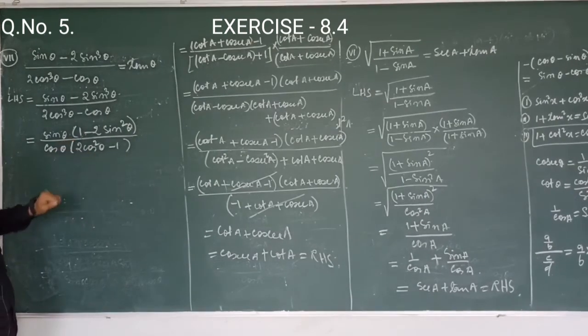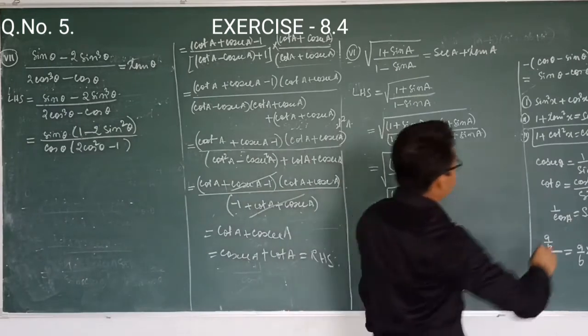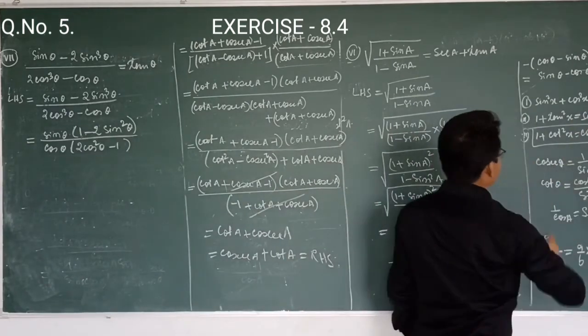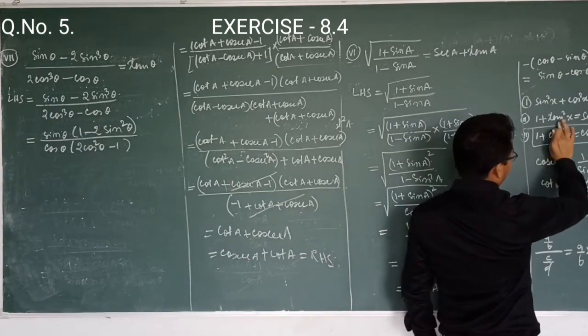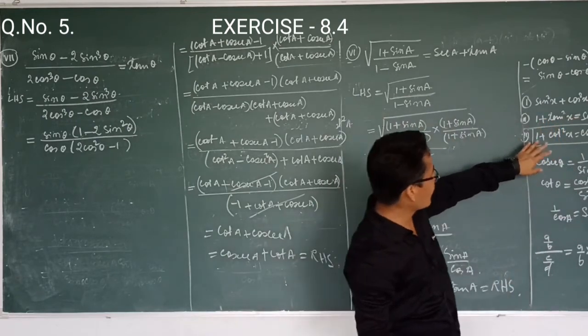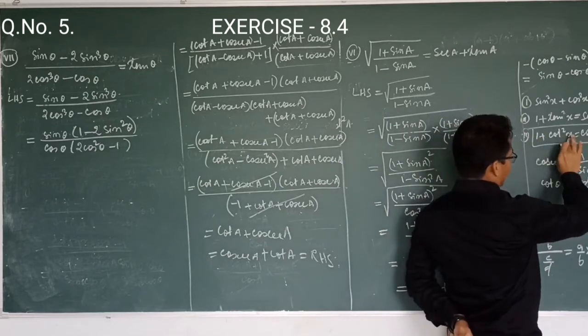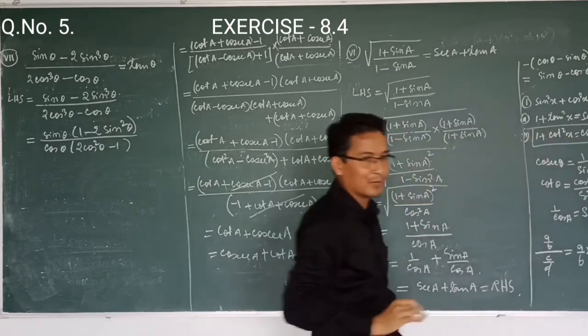Let's see, 1 means what? Sometimes, if I take tan square x to that side, then this also is 1. If I take cot square x to that side, then I will get 1.